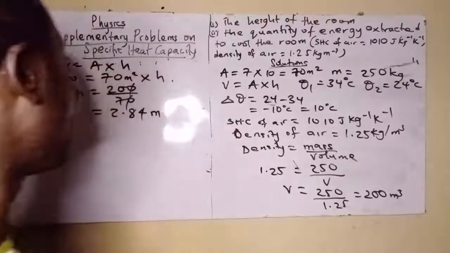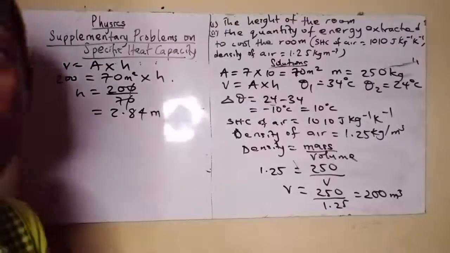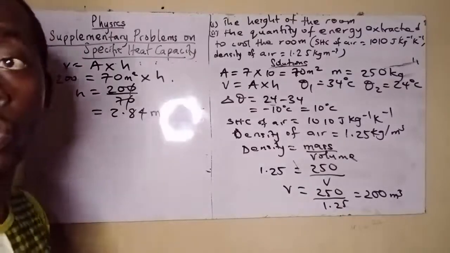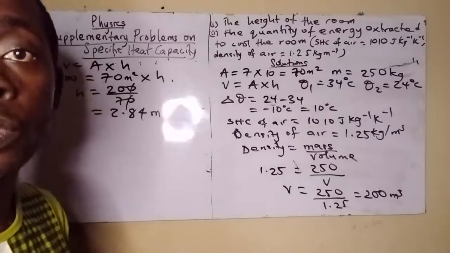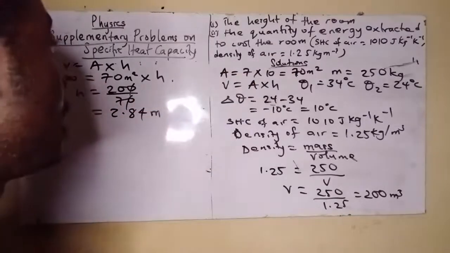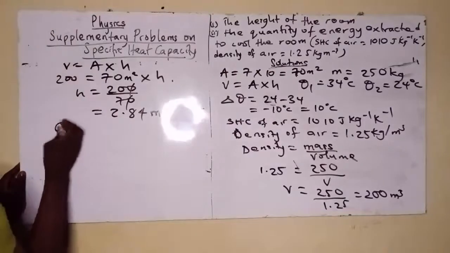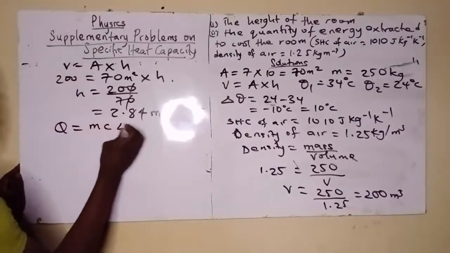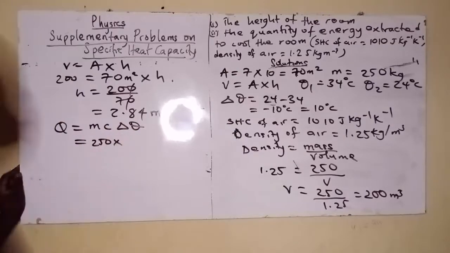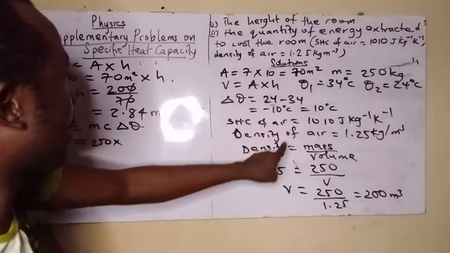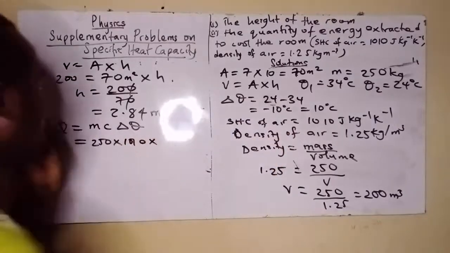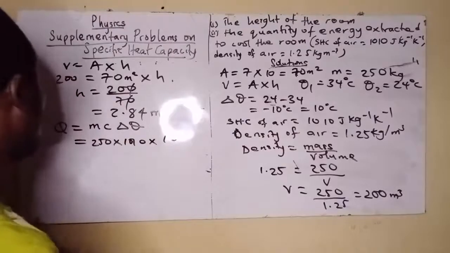Now, what other thing do I need to get? What I need to get is the quantity of energy extracted. The quantity of energy is the heat energy, and that's mc delta theta. So we have the mass 250, the specific capacity 1010, and the change in temperature as 10. So what are we going to have there?